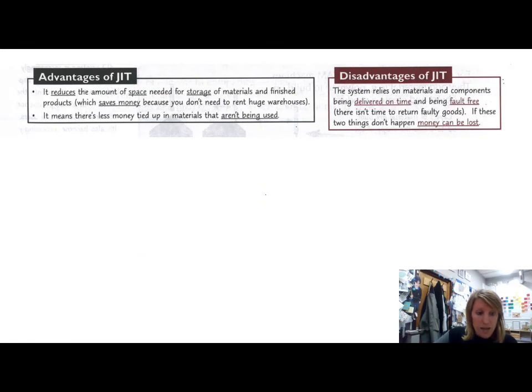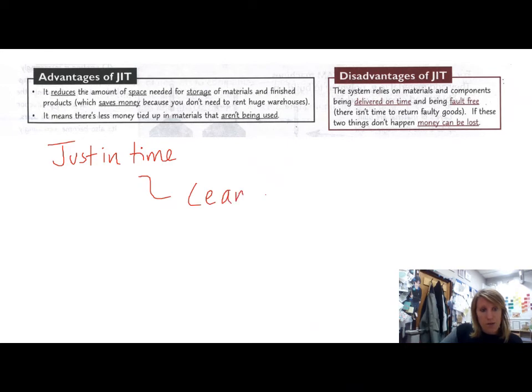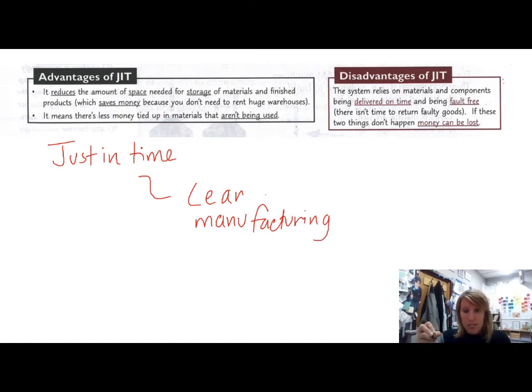Okay, and last but not least, really quickly, because just in time does link quite nicely with lean manufacturing. So just in time, the idea that you are only making a product when it's been ordered by the customer. So the customer would place an order, then you would order materials and components that you needed.